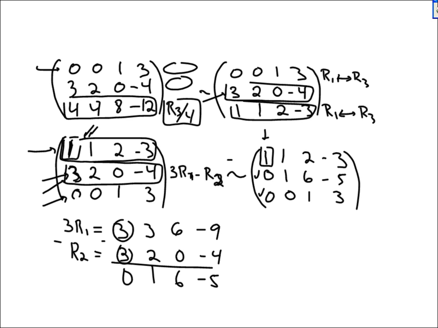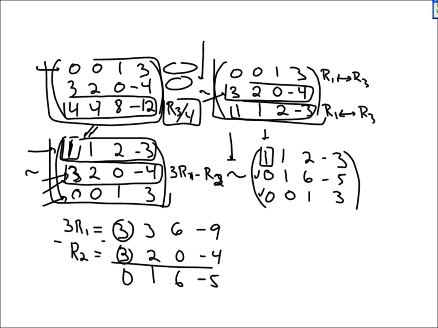Wonderful. Now, what are these symbols that I keep writing? It means that this first matrix is row equivalent to the second matrix, which is row equivalent to the third matrix, which is row equivalent to the fourth matrix.